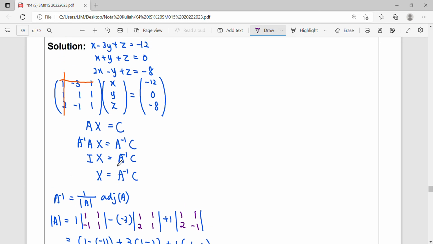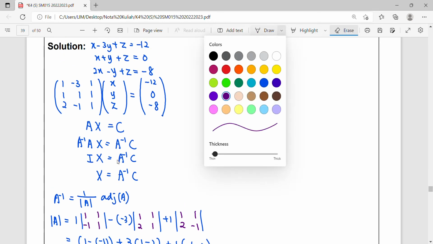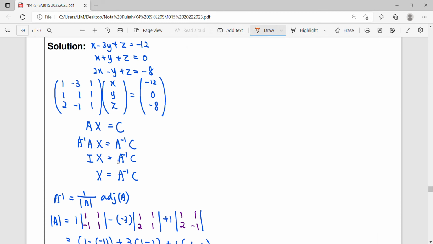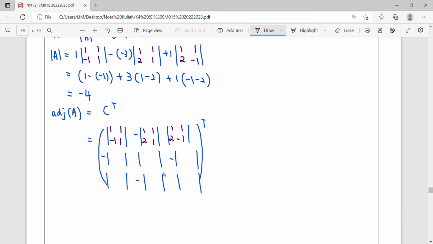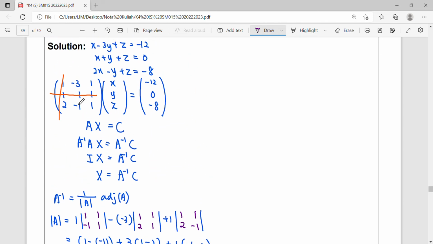For minor 2, 1, we will eliminate row 2, column 1. So it gives us negative 3, 1, negative 1, 1. Copy and paste, in, out. Those vertically are element 1, 2.